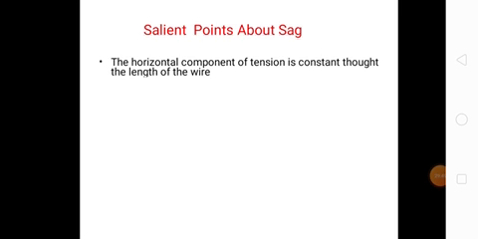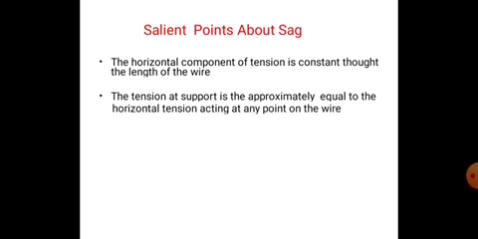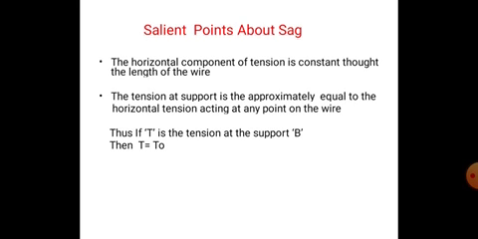The horizontal component of tension is constant throughout the length of the wire. The tension at the supports is approximately equal to the horizontal tension acting at any point on the wire. Thus, the tension T at point B is equal to T naught.